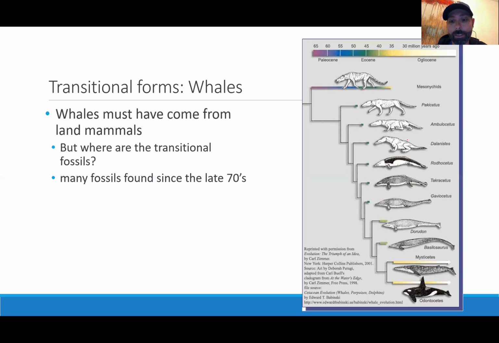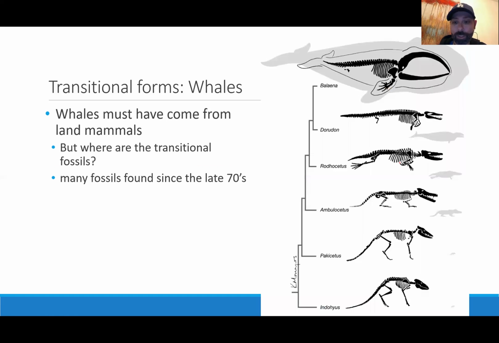Over time, the legs got smaller and smaller until they eventually disappear. Meanwhile, the body's getting more and more streamlined from one step to the next. And we have a whole bunch of fossils that represent this, right?